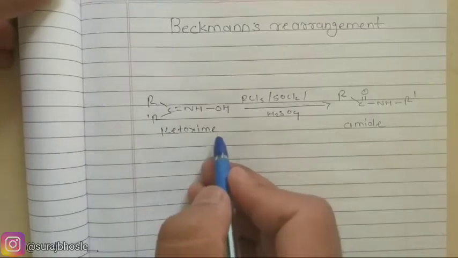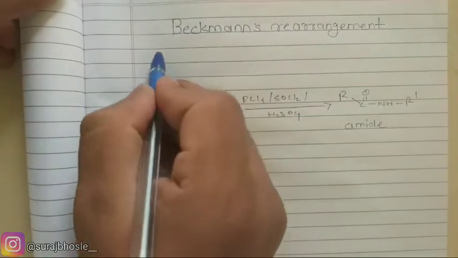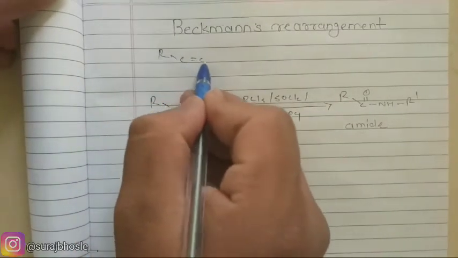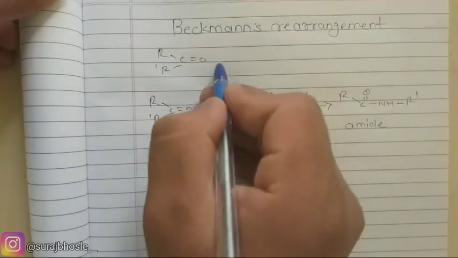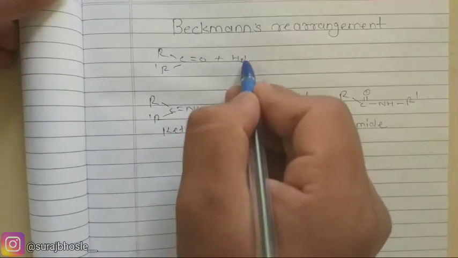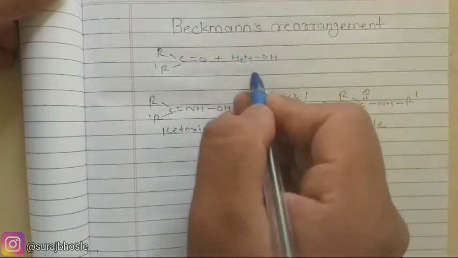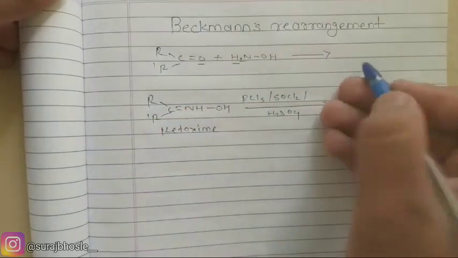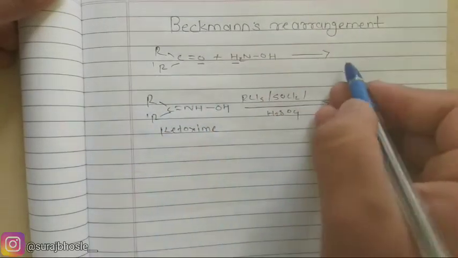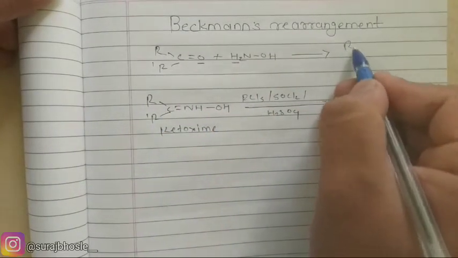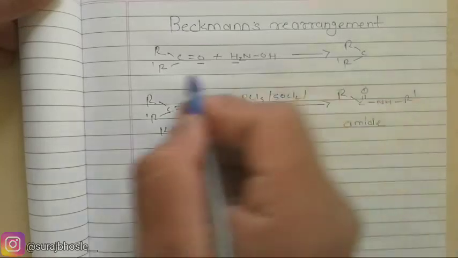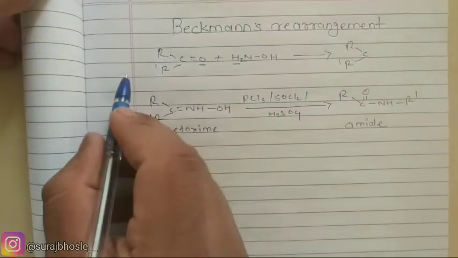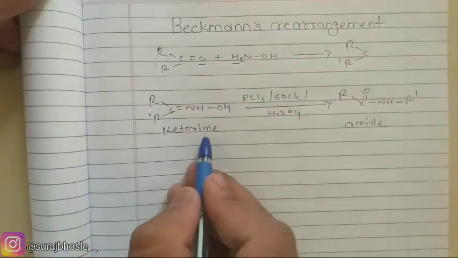First of all, how is the ketoxime prepared? Ketoxime is prepared simply from the ketone reacting with hydroxylamine. The H2 and oxygen get eliminated from the reaction as water, which leads to the formation of ketoxime. Now this reaction is not part of the Bachmann's rearrangement reaction, but we should know how this ketoxime is prepared.